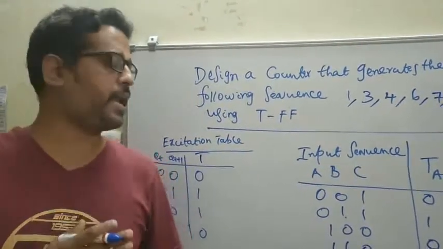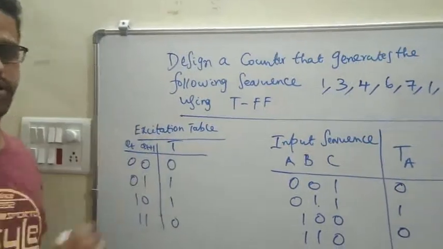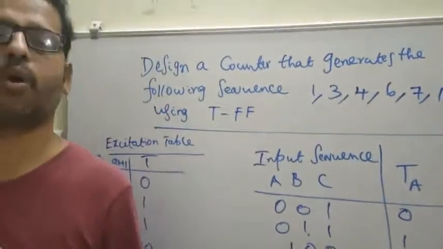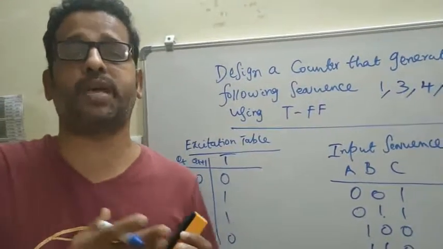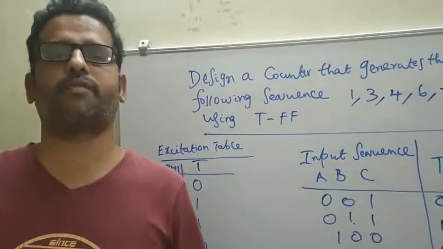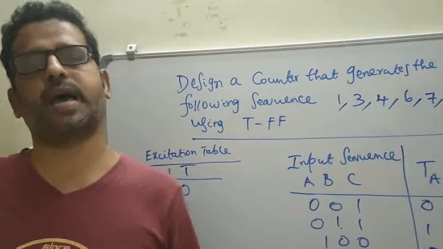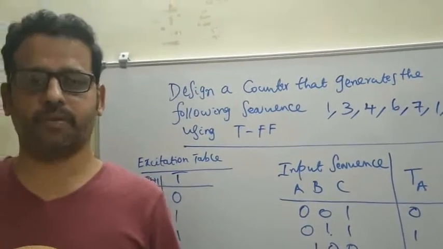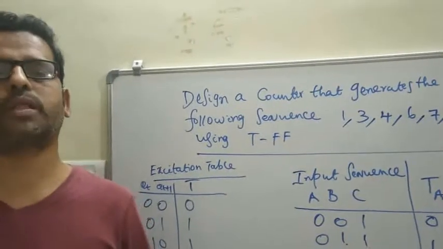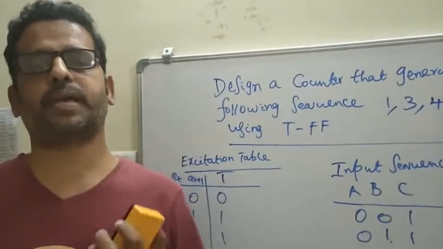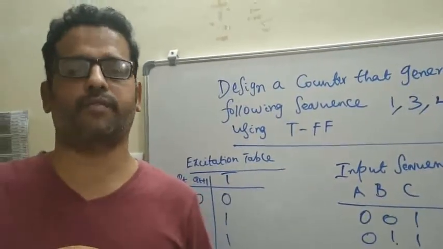While designing, the excitation table will be useful. After designing a counter, for verifying whether the desired sequence is being generated by the desired flip-flop, we need the characteristic table of the flip-flop.